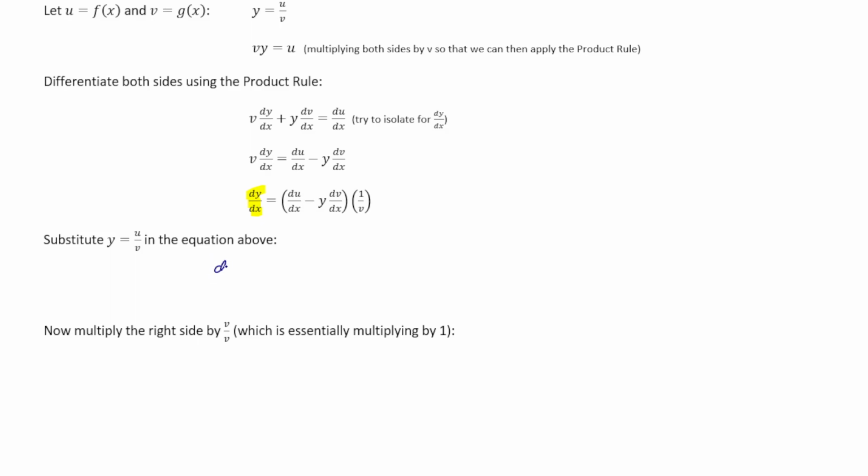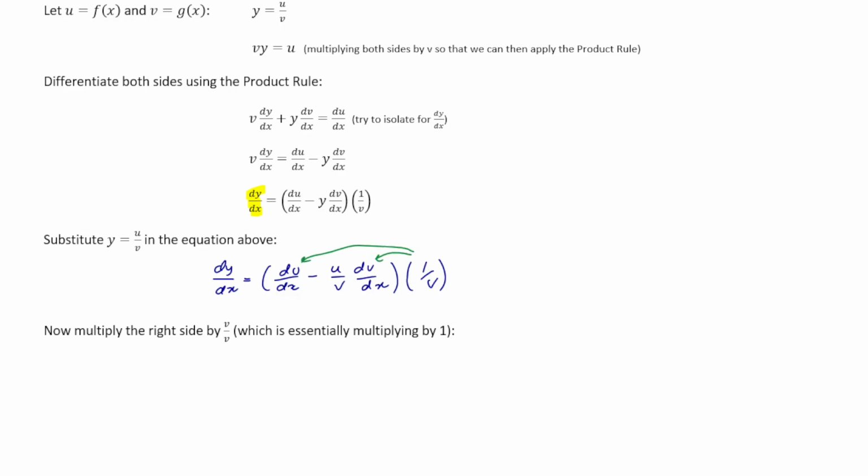So I'm going to write dy dx is equal to du dx, and then instead of y, I'm writing u over v dv dx. Sorry guys, that should look more like a u du, right? And there we go, and then that's times 1 over v. I'm going to distribute that 1 over v, okay?